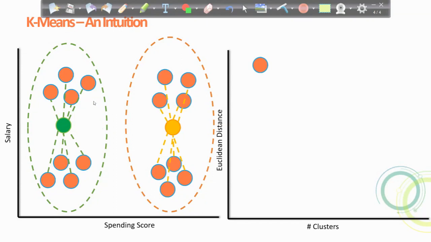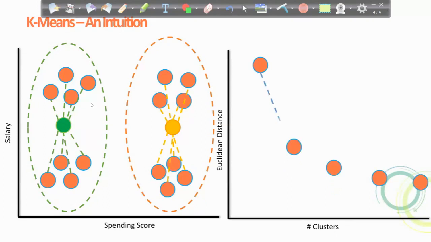It will just sum up the distance covered from the green centroid and the distance taken by the yellow centroid, and we can put it in the chart here. Obviously, that distance will be a bit lower than the previous distance which we calculated with the single cluster. Same process will go on and on, 3 clusters, 4 clusters, 5 clusters, and so on.